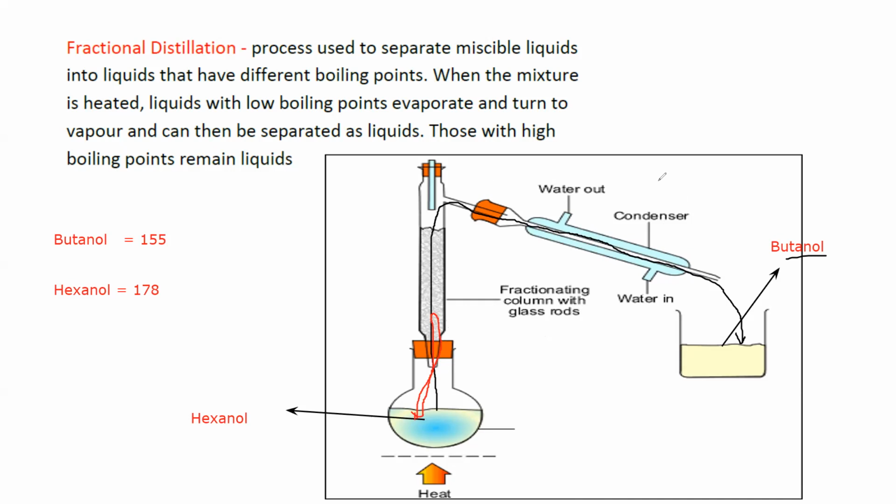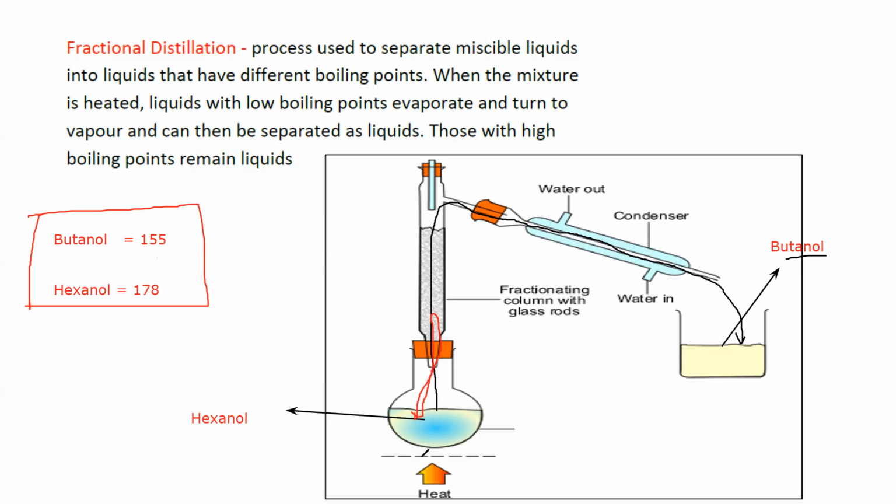You have to learn these labels. Here normally we place a thermometer, distillation flask. This substance is known as distillate. Both butanol and hexanol are flammable liquids. So if they are flammable liquids, what should be the heat source, a Bunsen burner or an electrical heater?